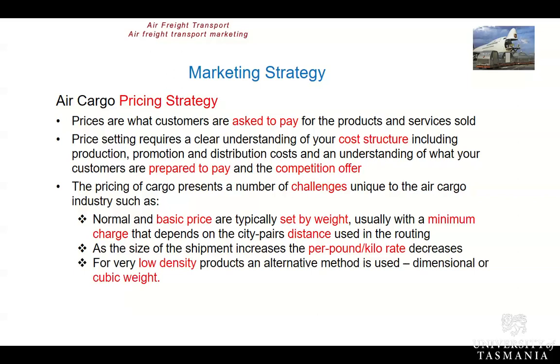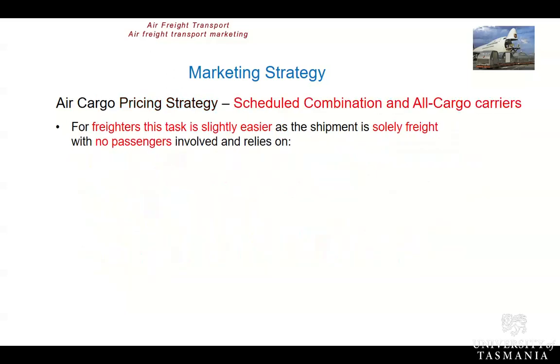And also, density is a key issue. If you've got a very low density, you can quite simply fill out an aircraft, but with a low weight, and so it's usually converted to a weight factor to make that a more viable option for you in a price setting.